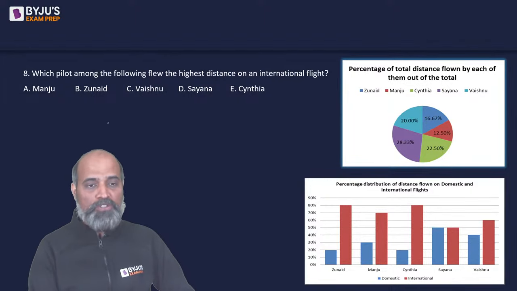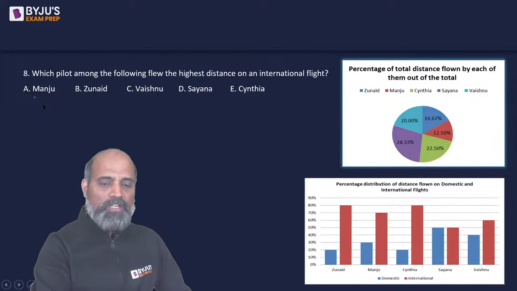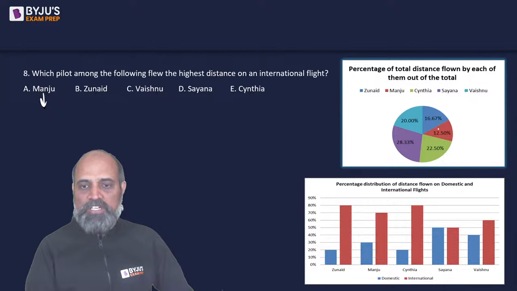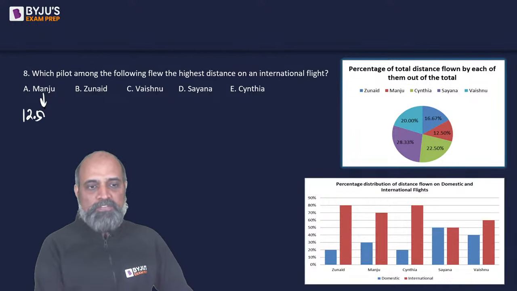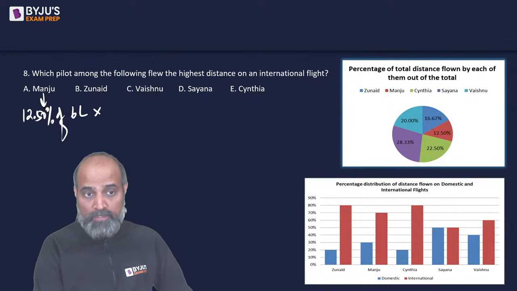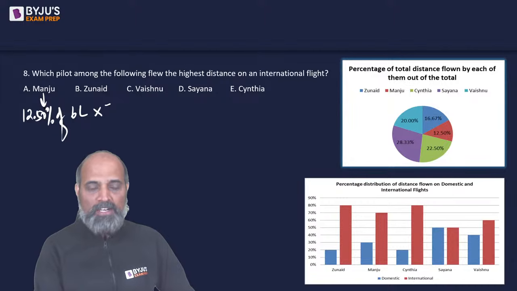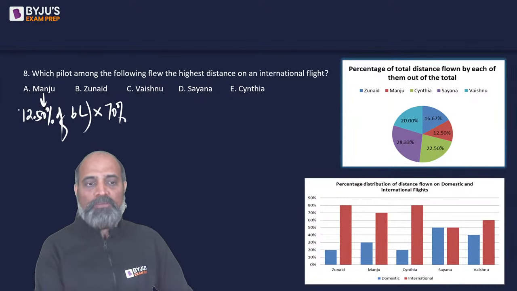So if I talk about Zunaid, okay, let's do Manju. If I talk about Manju first of all, can I say Manju is going to do 12.50% of 6 lakh, and further, since we are talking about international, she is going to calculate 70% of these many kilometers.